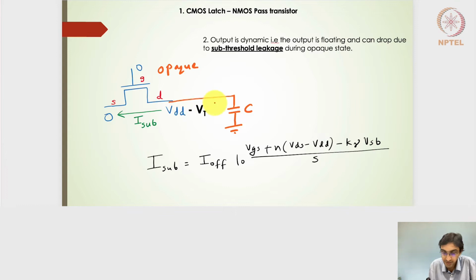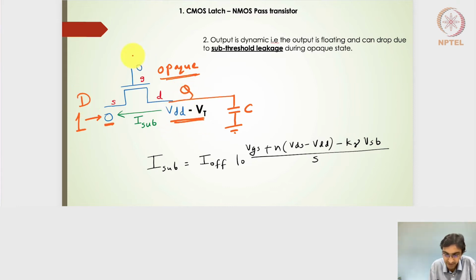The output reaches VDD minus VT, and it should retain VDD minus VT, right? Let's say there are some changes at the input here. The input has gone from 1 to 0. Even if there is some change at the input side, in the opaque state, when the clock voltage is at 0 level, we should not have any changes at the output, right?